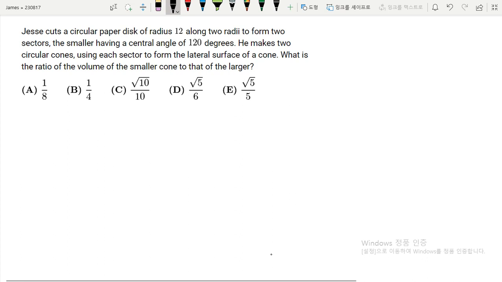So there is a circle, and the radius is 12.